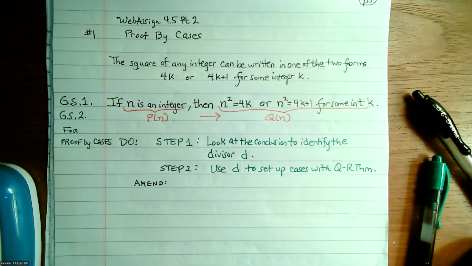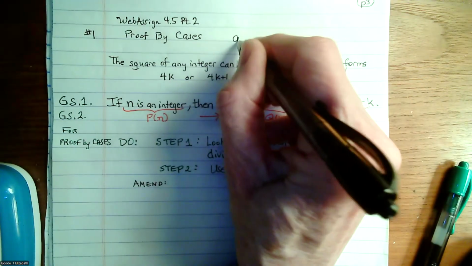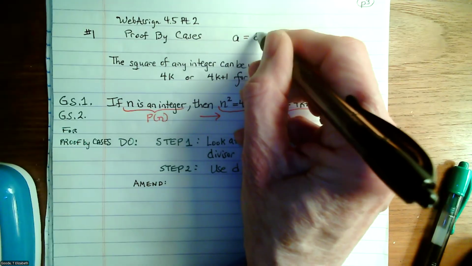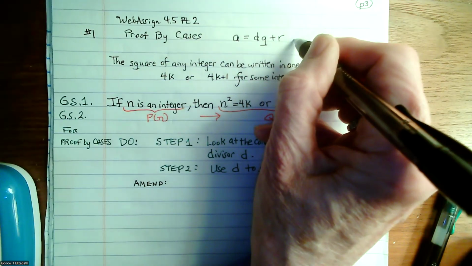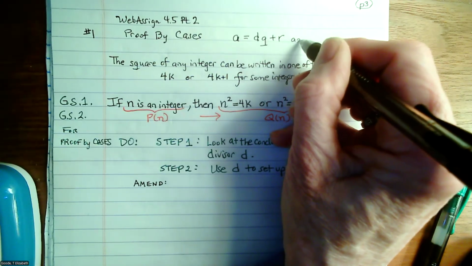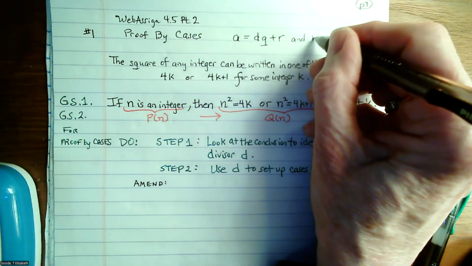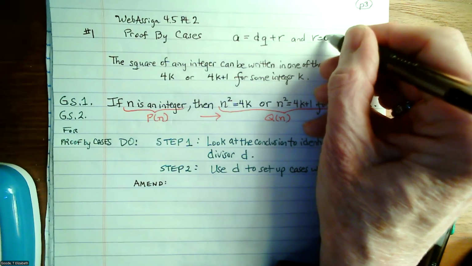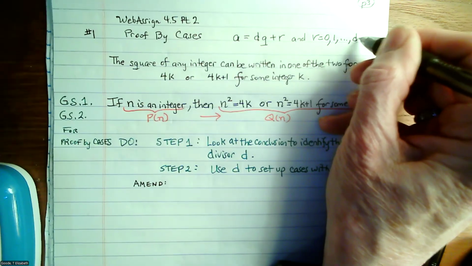Do you remember what the Q-R theorem says? It says A equals D times Q plus R. And in fact, we could list the possible remainders. The remainder is either 0, 1, up to D minus 1.